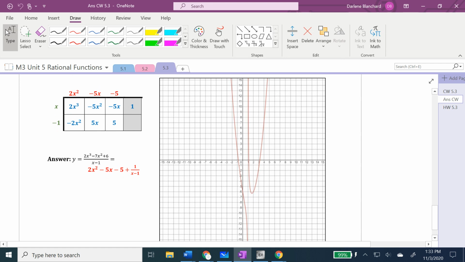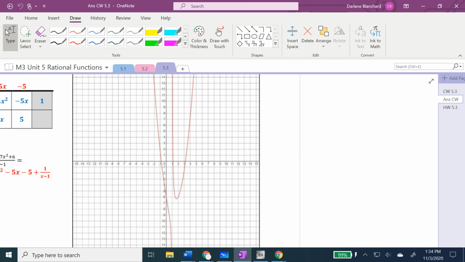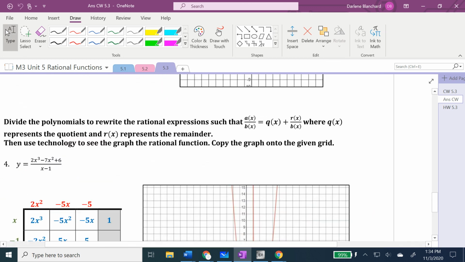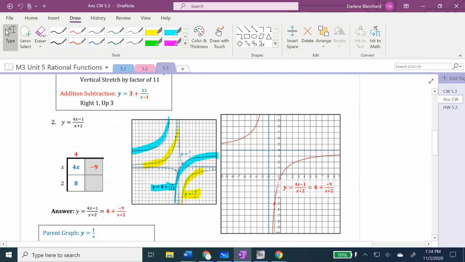So try to make it look a bit like that. Notice that vertical asymptote. And that's all I wanted to go over with you today. And just allow you to see how division can help you know a little bit more about your rational function.